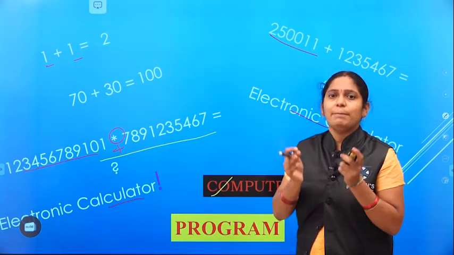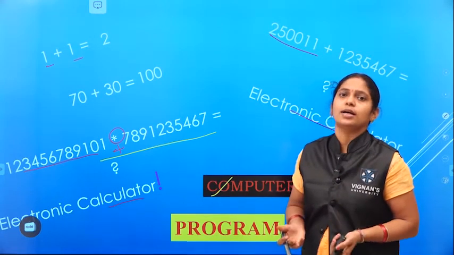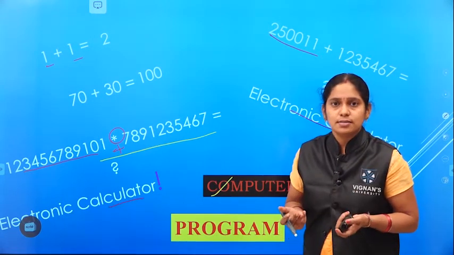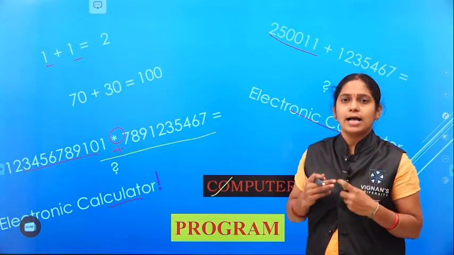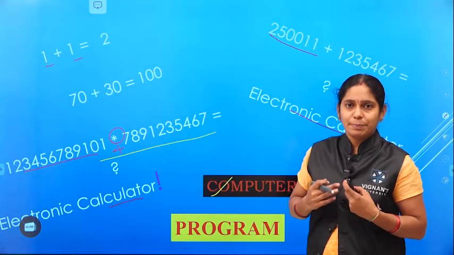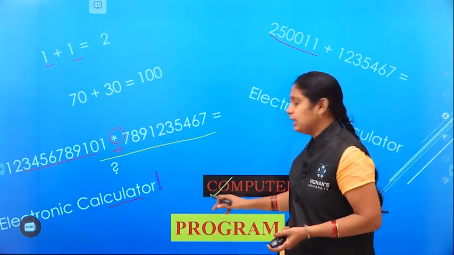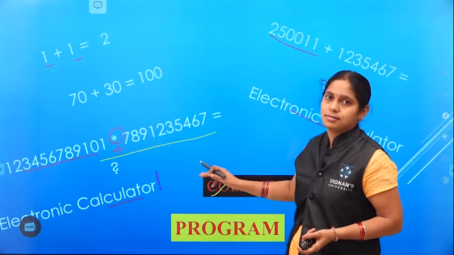A computer is nothing but a machine. It is not a human being. It doesn't have any brain to work. Then how does it work? Instructions should be given to it. If we pass an instruction to a computer, then it completes the given task.